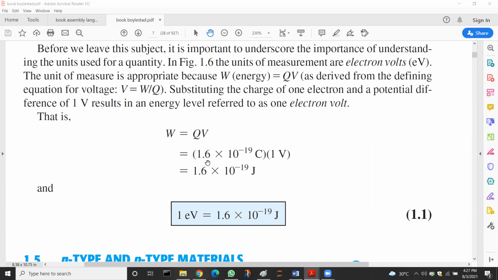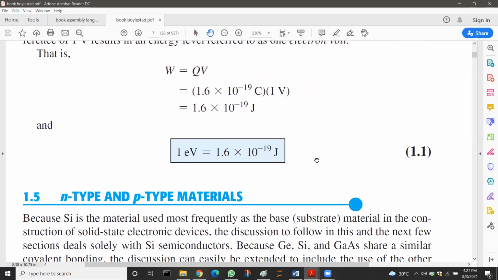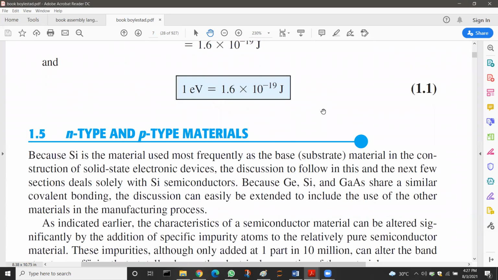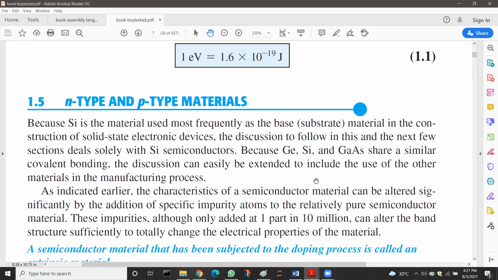One electron contains 1.6 × 10^-19 coulomb of charge, and for a 1 volt potential difference, we get 1 electron volt, which is equal to 1.6 × 10^-19 joules. This relationship we are already familiar with, and we will be using it in computations.